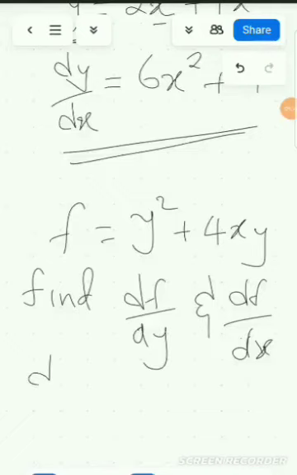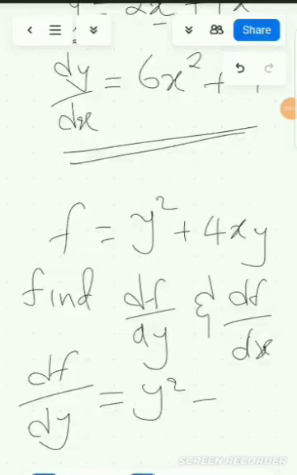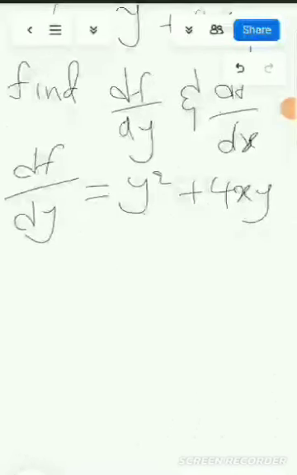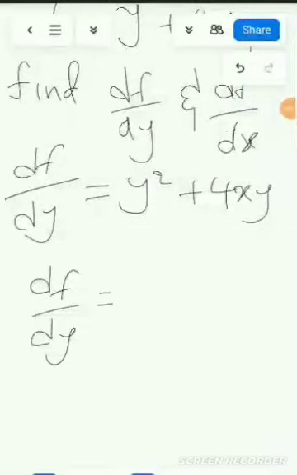Let's begin with df over dy. So we have y squared plus 4xy. In solving this, df over dy is equal to this power multiplied by the 1 in front, we get 2y, 2 minus 1, that is simply 1. We are adding this plus.